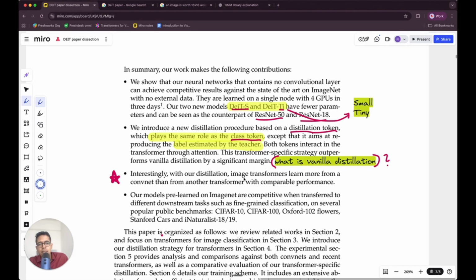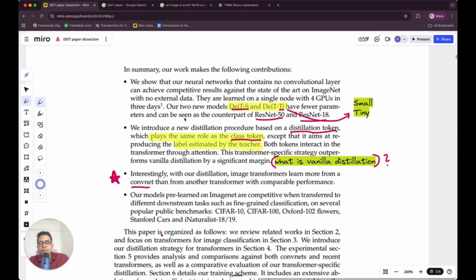Interestingly, with our distillation, image transformers learn more from a convolutional neural network than from another transformer with comparable performance. So if we take a big pre-trained vision transformer and a pre-trained convolutional neural network of comparable performance, the data efficient image transformer used in this paper learns better from the CNN than from the vision transformer.